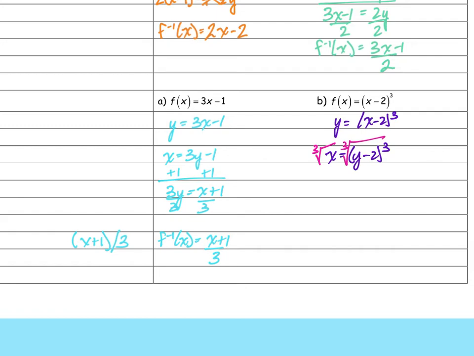Okay, and then that means I've got y minus 2 equals the cubed root of x, and then I'm adding 2 to it. So this would be f inverse, should be a parenthesis, of x is going to equal the cubed root of x plus 2.